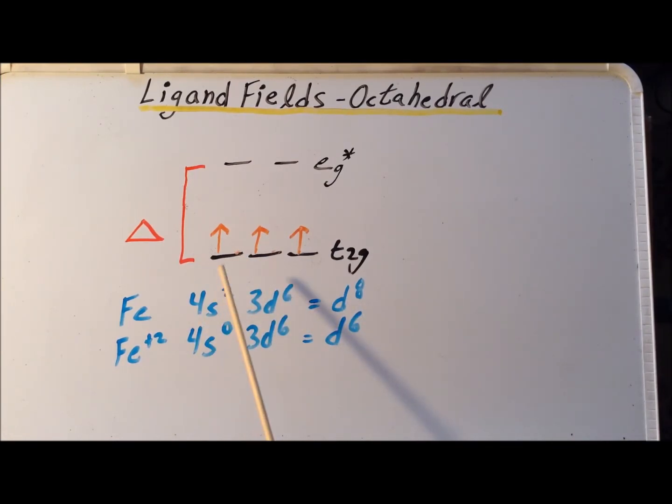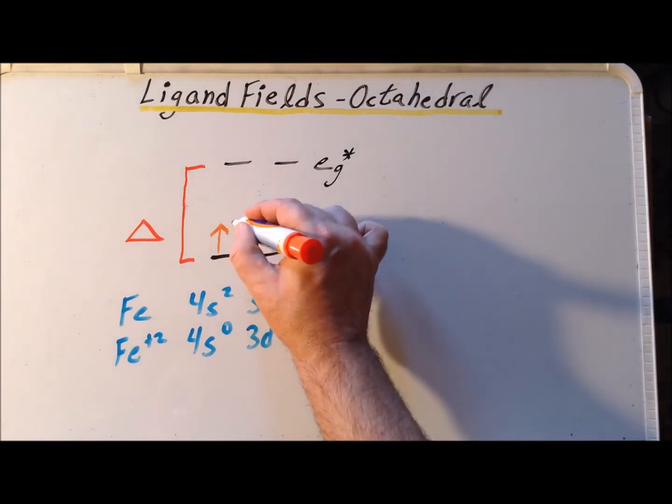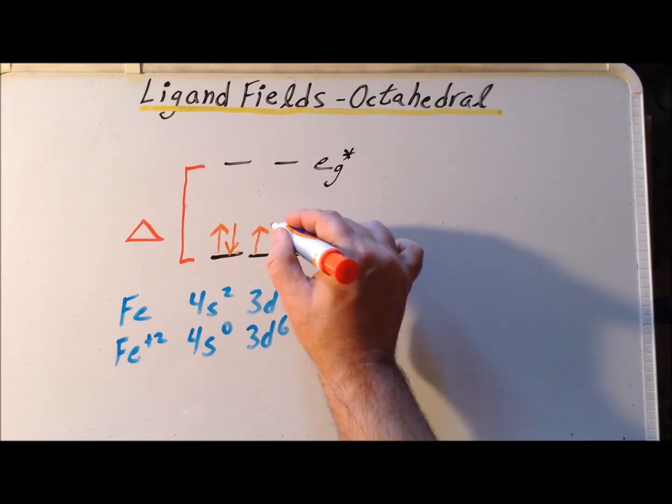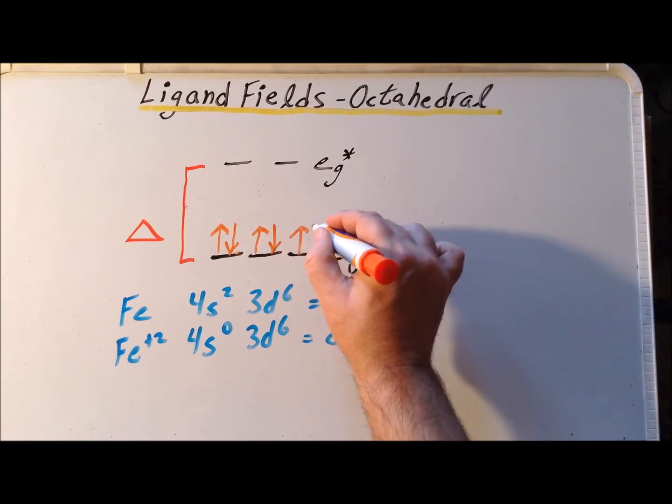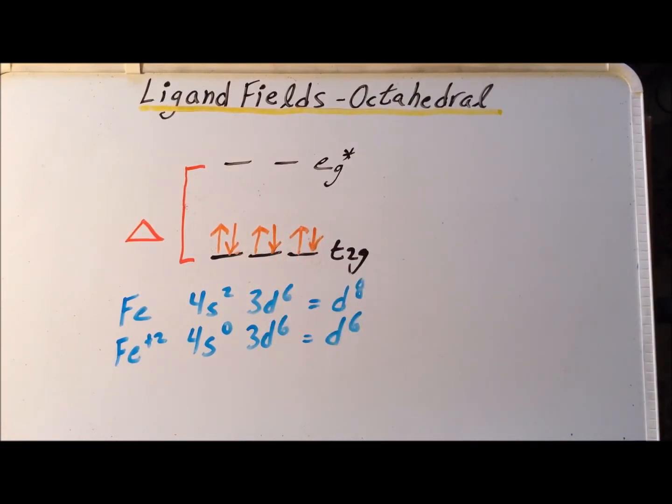And then secondly, we add in the next 3 electrons with opposite spin to satisfy the Pauli exclusion principle. Notice also that we've filled up T2G before we've put any electrons into EG star. You will recognize this as an example of the Aufbau principle.